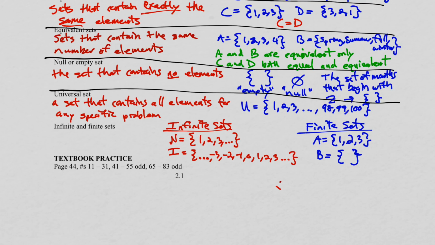All right. So basically, that does it for all of our foundational definitions for chapter 2. We'll get into a few more as we go along every section, but now I'm going to spend some time doing some exercises from the textbook, starting on page 44.